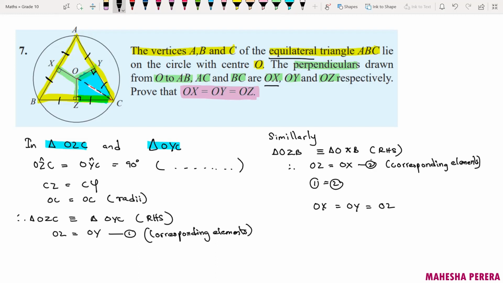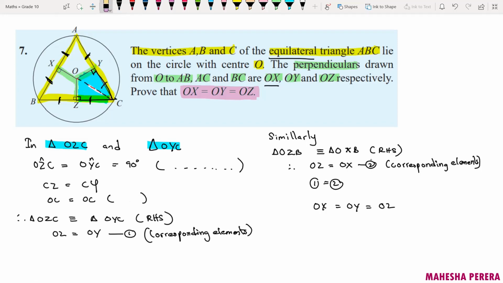we can say that this side, that is CZ, and this side, CY, are equal. That is because this is an equilateral triangle. So all these lengths are equal, right? And then you can see that there is a common side, and it is actually our radius, right? You can write radius here or the common side.